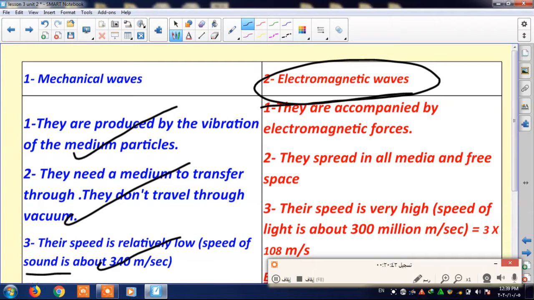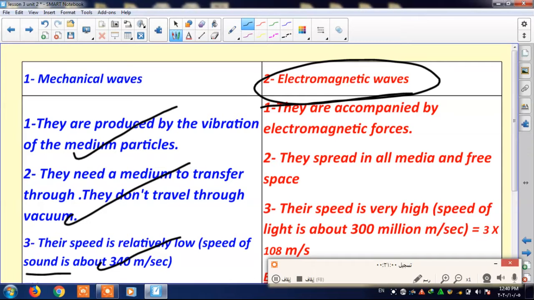It can propagate in space between the earth and the sun, or between the earth and other stars. So we can see the light of the sun. Why? Because it is an electromagnetic wave, it doesn't need a medium, doesn't need air to propagate through.